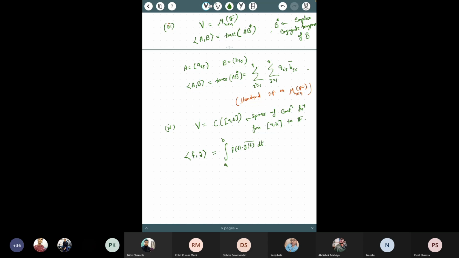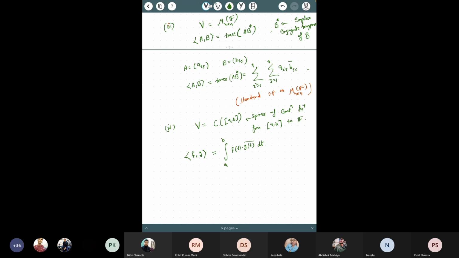Now here you may ask, why do you need continuous functions? Why not other functions? You have to verify this. You need to see that if I drop this continuity assumption, then it may not be an inner product.